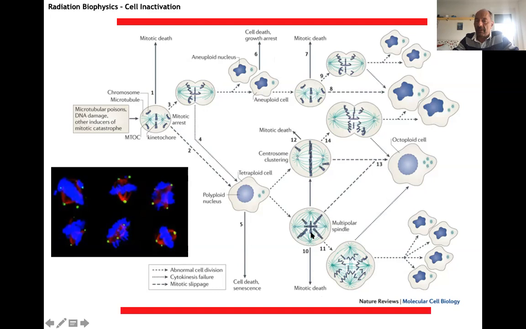Mitotic death here, if you have chromosomal aberrations, senescence, aneuploid cells, and so on and so forth. So this is what happens when you have abnormal cell division, cytokinesis failure, or mitotic slippage. If you have mitotic slippage here, you can have octoploid cells, aneuploid cells. And this is what happens in mitosis. We will go back to the mitosis.